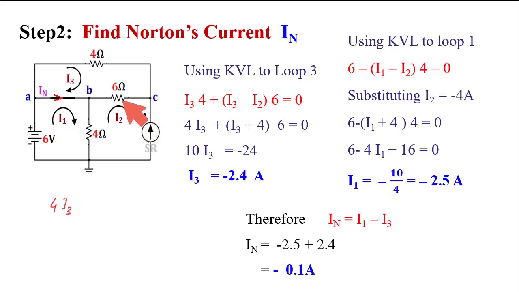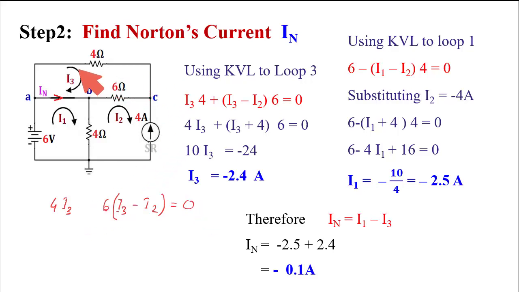Through this 6 ohm resistance, two currents are flowing, one from right to left which is I3, another from left to right which is I2. Considering I3 is higher, the potential drop across this 6 ohm resistance is 6 into (I3 minus I2). Now the summation of these two is equal to 0.